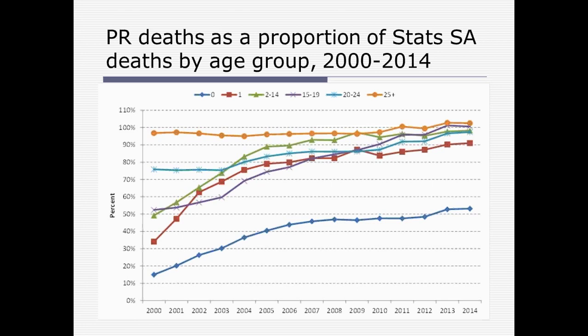It's been around for a number of years, even when the total for 25 plus was below 100%. At the advanced ages, it was over 100%. And we thought it probably had something to do with the ID, the birth on the death notification form only have two digits for the year of death, and hence there were probably some children being classified as being over 100 or vice versa.